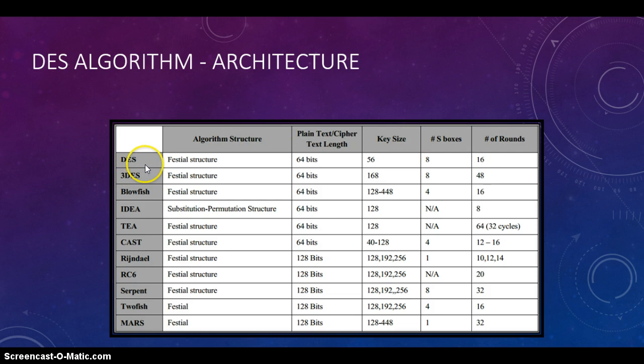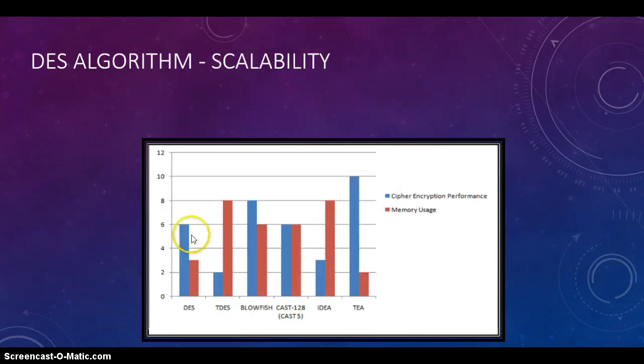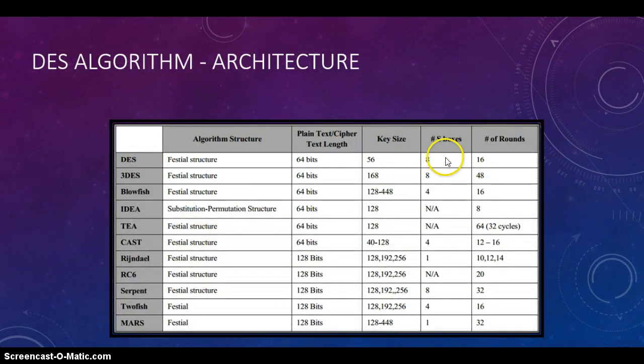In our case, DES uses a Feistel structure, plain text of 64 bits, a key size of 56 bits, 8 S-boxes and 16 rounds. This algorithm is based on the backbone concept of the Feistel structure. As I say, it uses 64-bit plain text with 16 rounds and a key length of 56 bits.